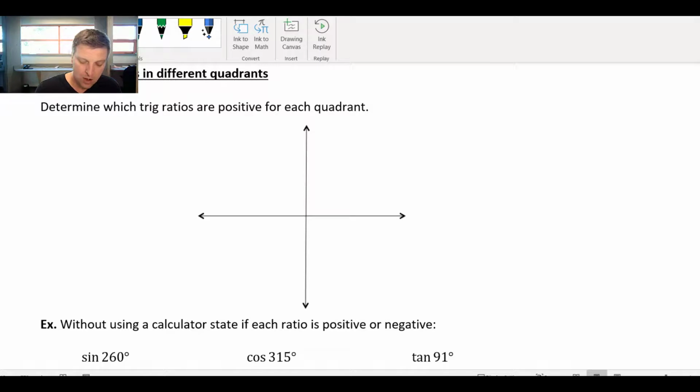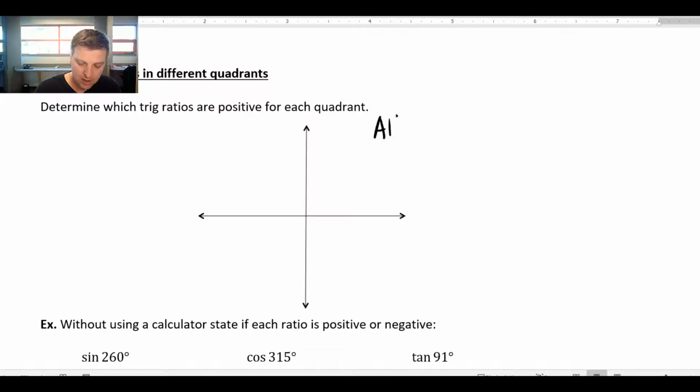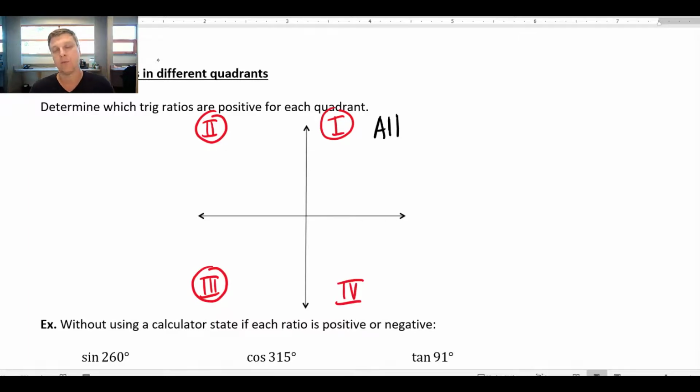Like we saw, all of the ratios are positive in the first quadrant. So I've got quadrant 1, 2, 3, and 4. And all of the ratios, sine, cosine, and tan, will all be positive in the first quadrant.